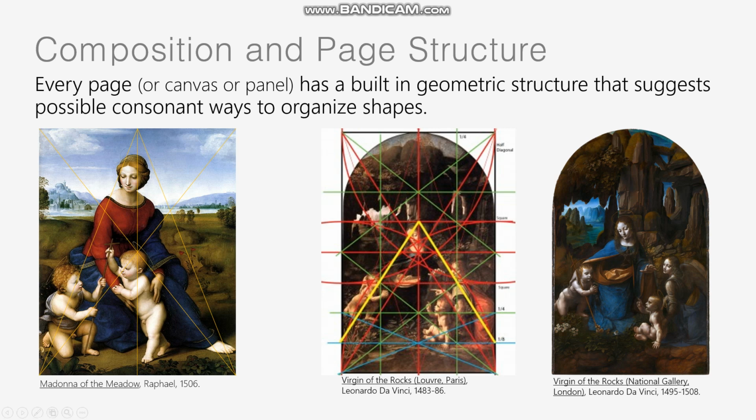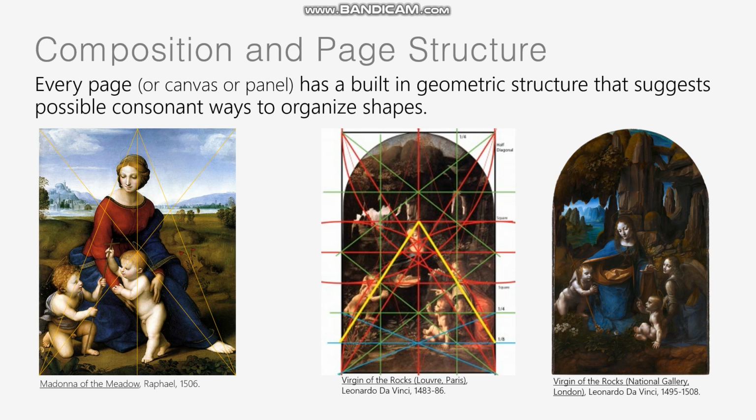Based off of that, one of my main premises in this article, which is based off of a lot of people but primarily the work of Rudolf Arnheim, is that since those geometric structures of any rectangle are built in, and our brains and eyes are aware of them automatically, those locations have a certain type of power, a certain sense of attraction, and sometimes repulsion, depending on how you use them.